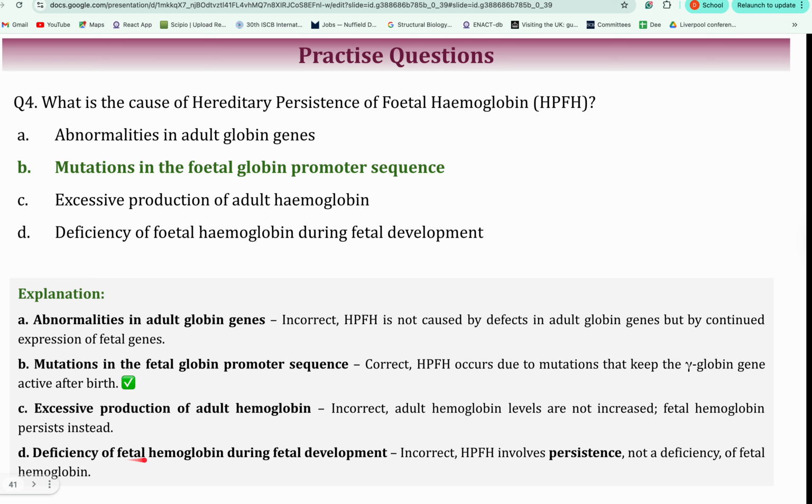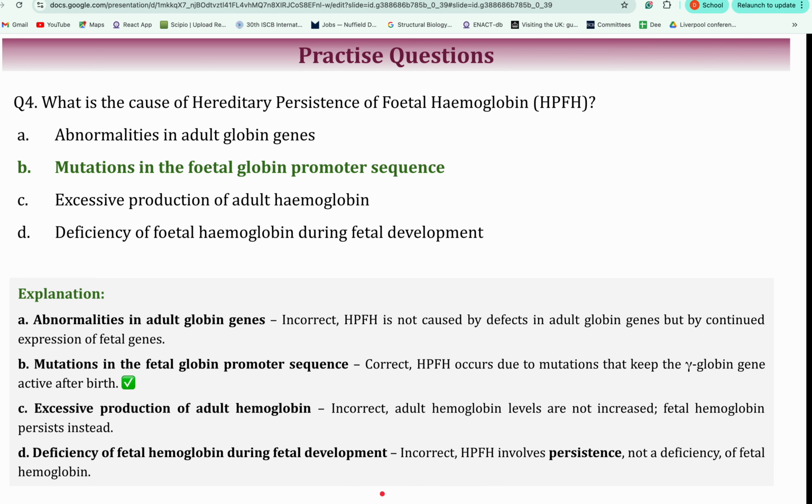Then the last option was deficiency of fetal hemoglobin during fetal development. This is also incorrect because here we are saying hereditary persistence of fetal hemoglobin. We're not saying non-persistence. So all the other options are wrong, because in them they have mentioned that the fetal hemoglobin is deficient, but it is the other way around. It involves persistence, not a deficiency of fetal hemoglobin.